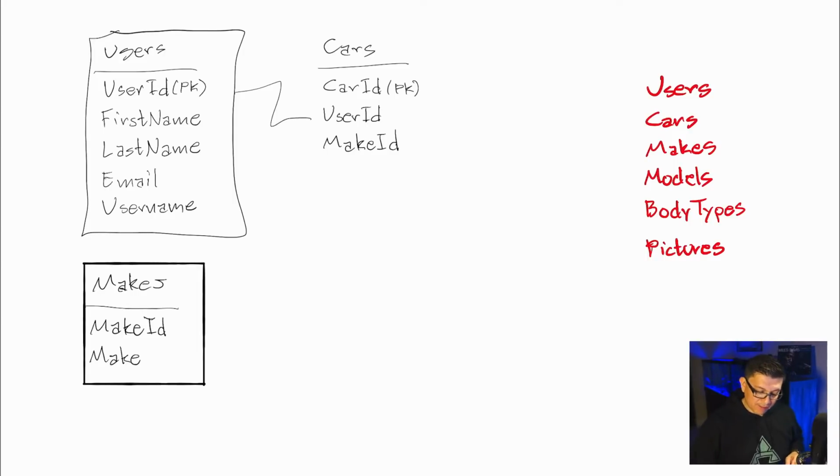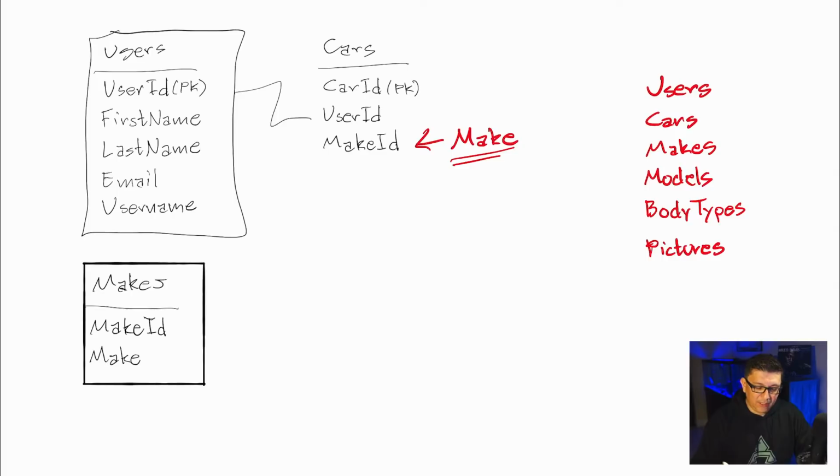So let me explain the reason why we break out the make, because we could very well go in here and just put the make here as a string as part of the database. Now, there's nothing wrong with that. The reason why I like to break it out, and it's good practice to do it this way, is because there could be different variations on the spelling, or maybe somebody misspells one of the makes.